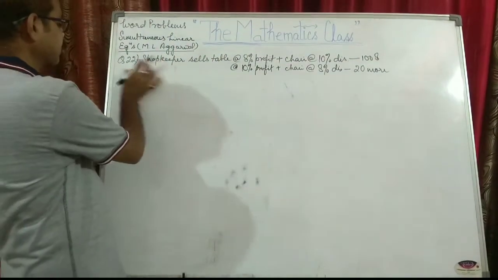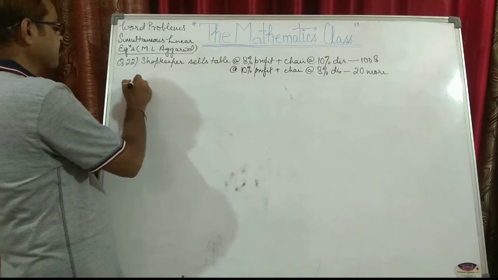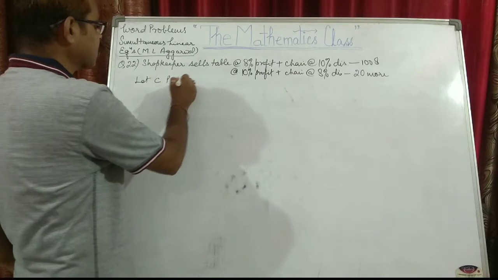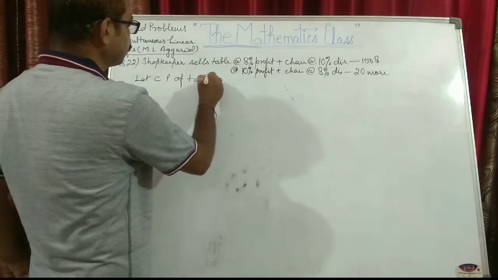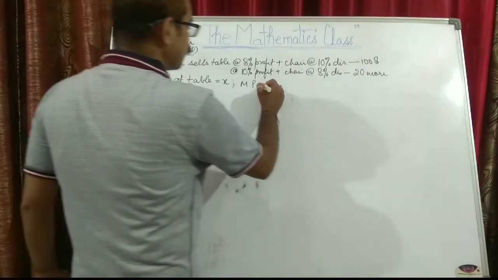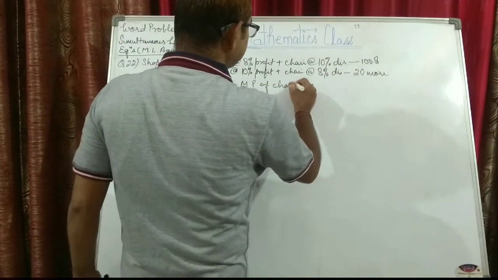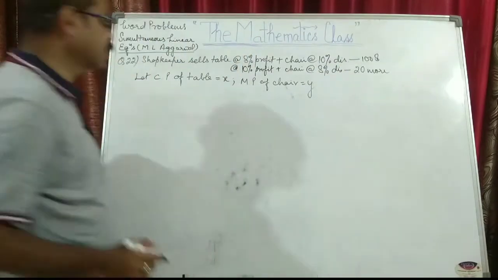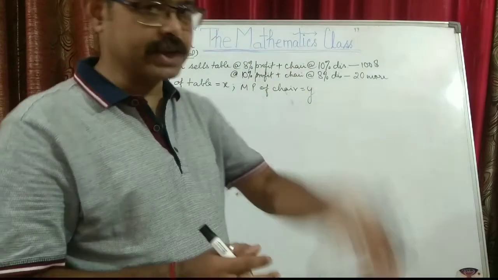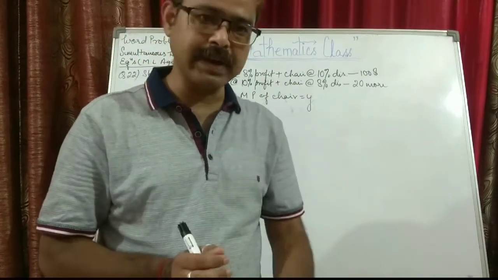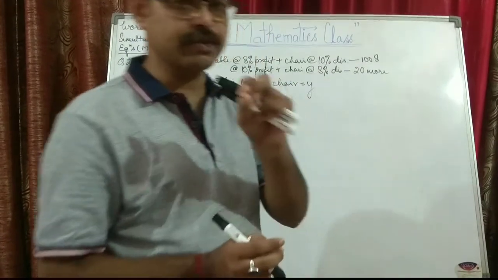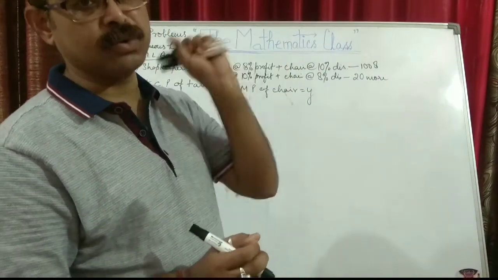So first of all, we will assume, let CP or cost price of table be X and mark price of chair be Y. Now you must be knowing the relation between selling price and mark price, because for the chair you have to find out the selling price when discount is given.